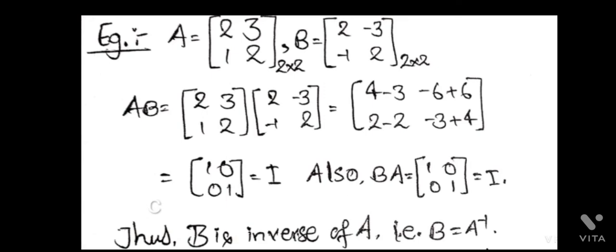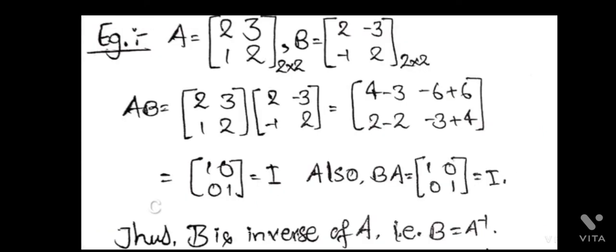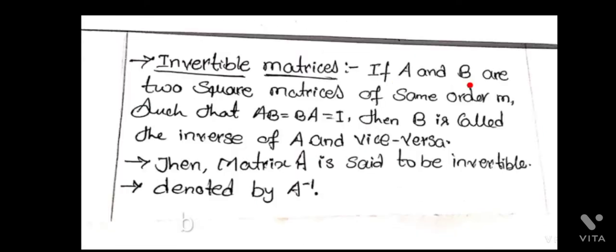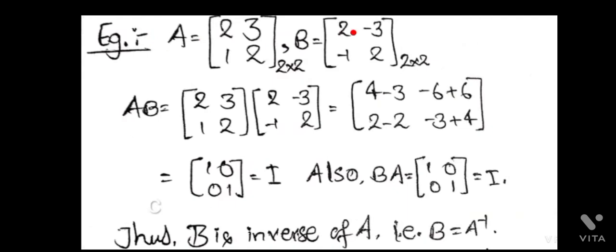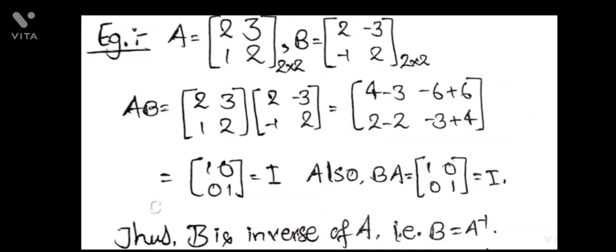Next we have an example stating the same definition. We have A and B, two square matrices of the same order, 2 by 2 and 2 by 2. First we find AB, and we get the identity matrix.